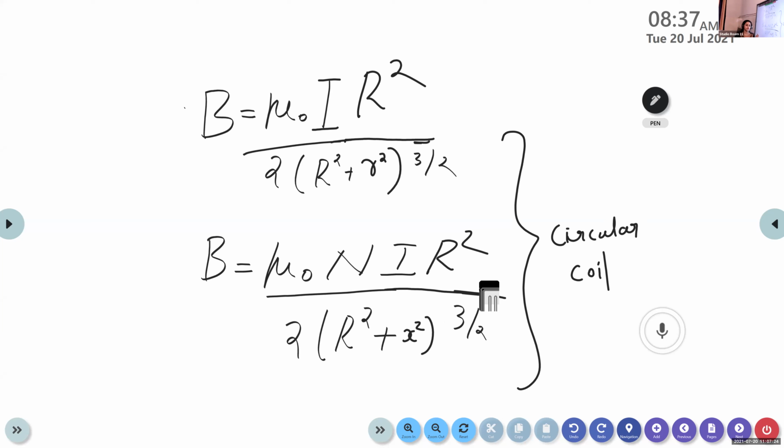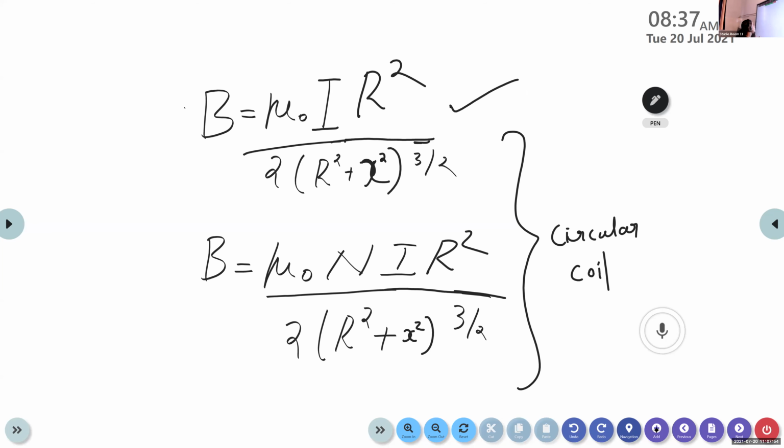The magnetic field produced by the circular coil at a point P is given by B is equal to mu 0 I R square divided by 2 into (R square plus X square) the whole raised to 3 by 2. For n number of turns, the equation becomes B is equal to mu 0 n I R square divided by 2 into (R square plus X square) the whole raised to 3 by 2.